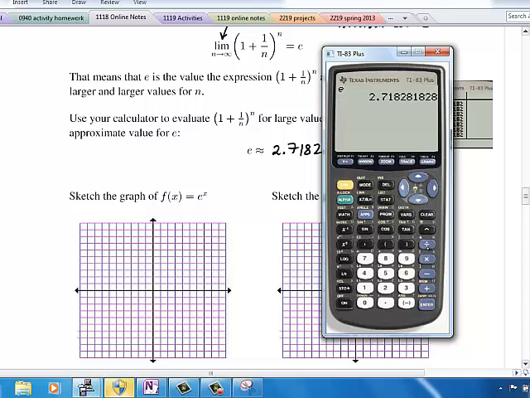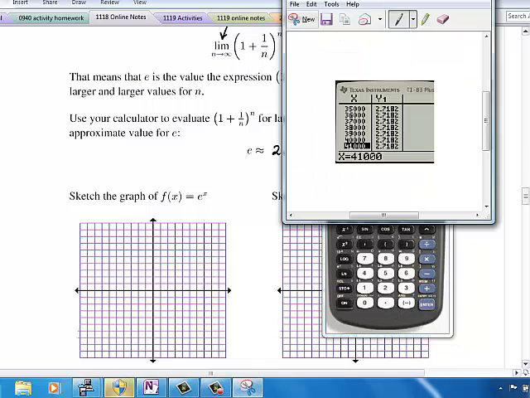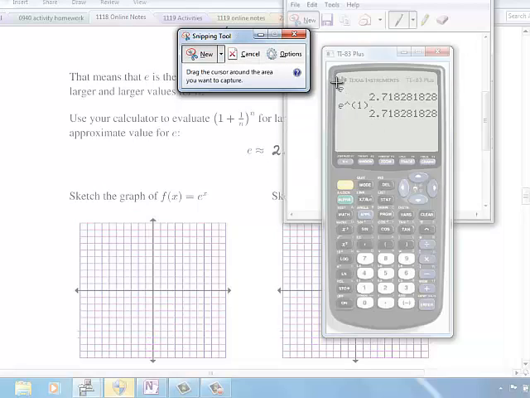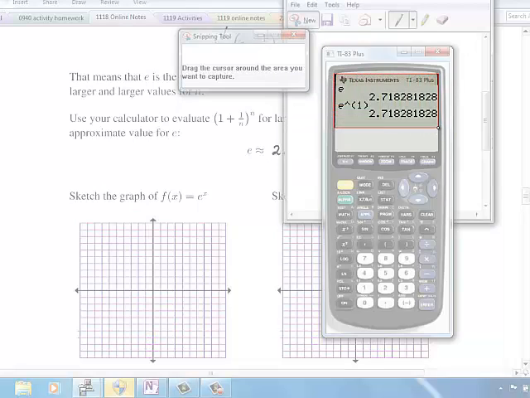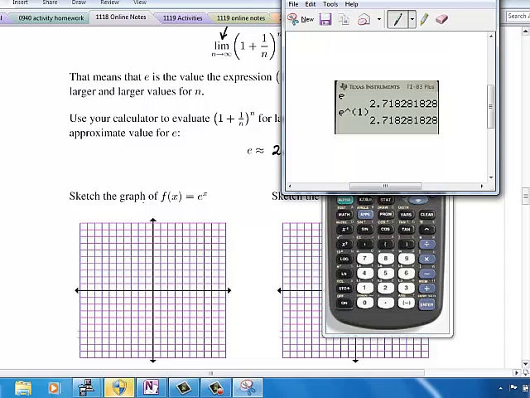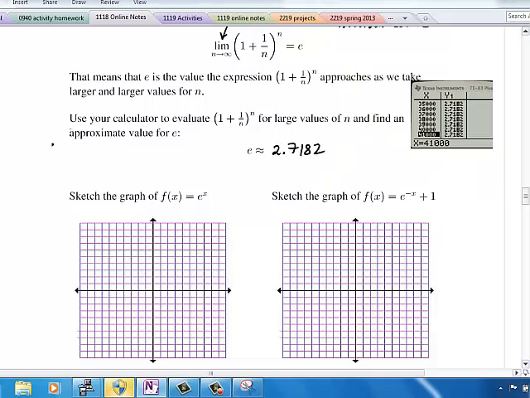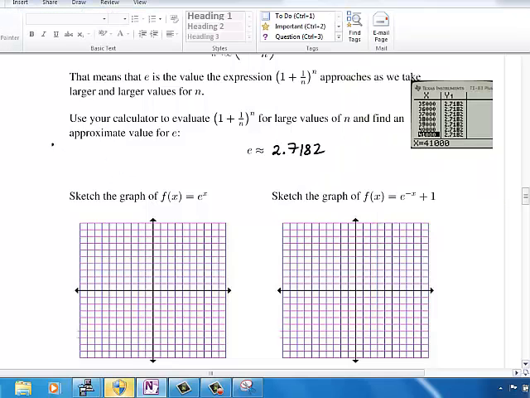Or if you don't have just an e button, you definitely have an e to the x button. And if you wanted to get just what e is, you would put e to the 1 and hit enter. So one of those should be an option for you.